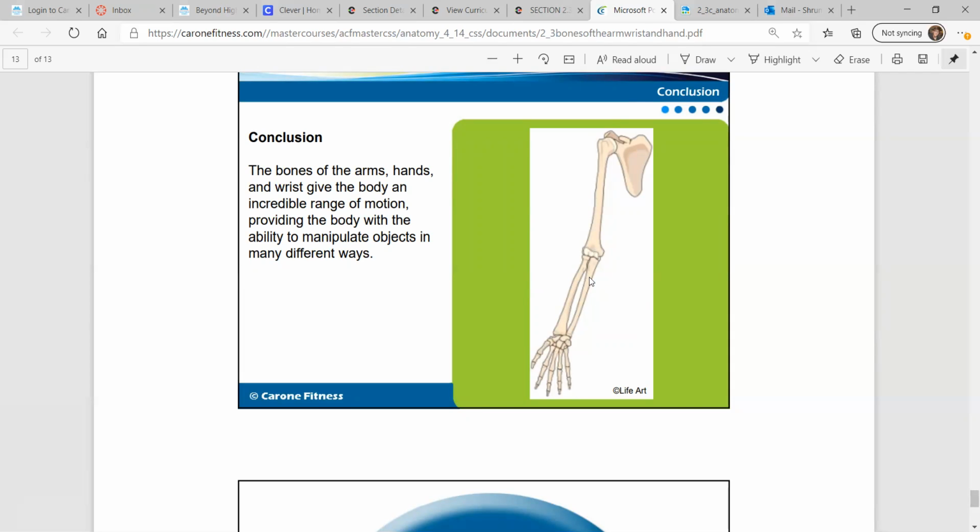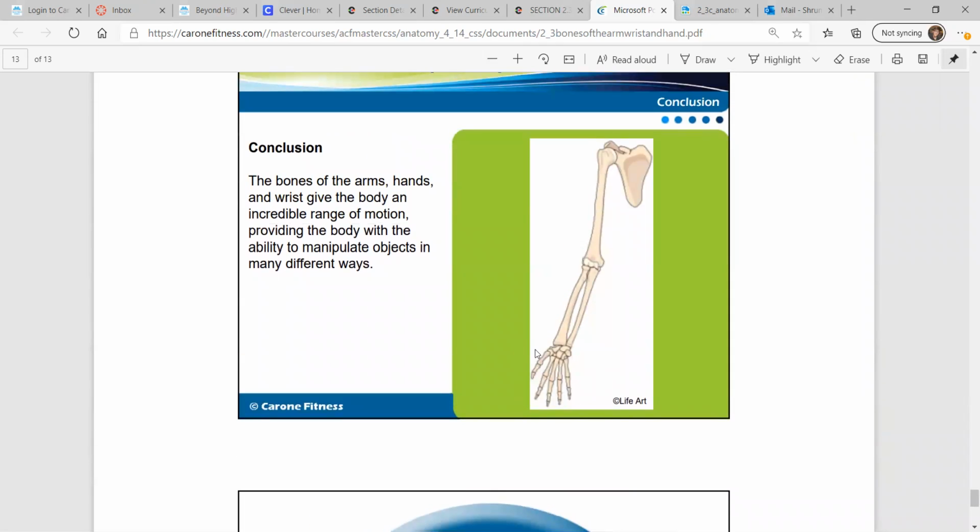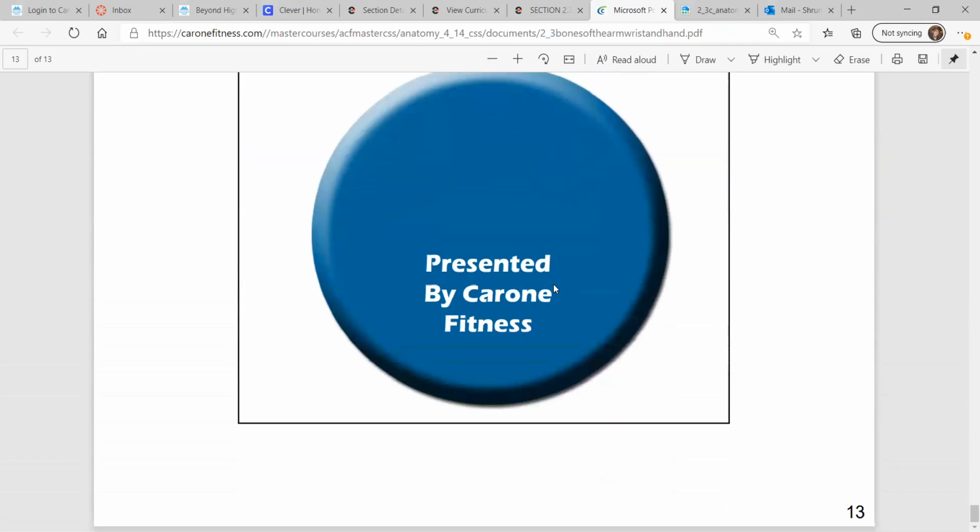So we have the long humerus, then we have the shorter ulna and radius, and then you have all those carpal bones and phalanges. So be careful if you're asked questions about the hand. You have to know where you are in relation to everything.